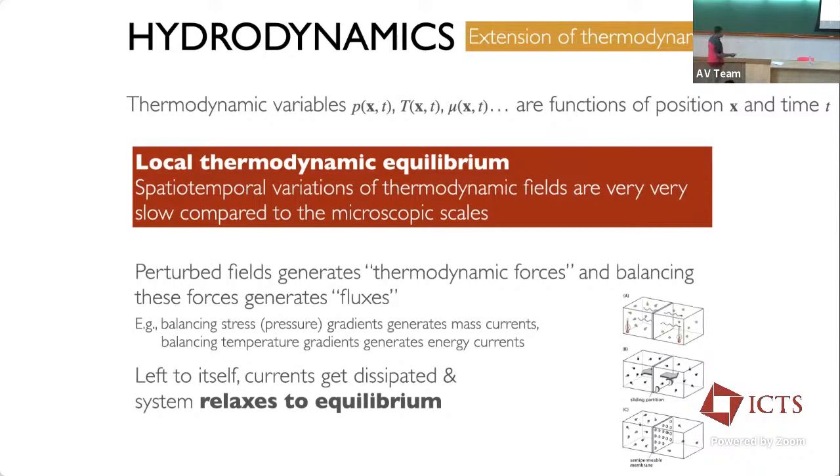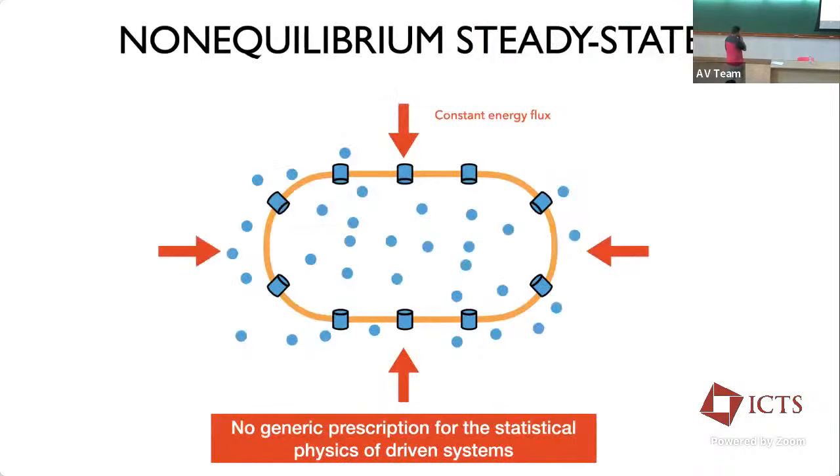These perturbed fields will generate thermodynamic forces, and the forces are such that the fluxes that result from them will tend to equilibrate the system. A classical example that we all study: a temperature difference, there's a current which will try to equalize the temperature; a pressure difference; a chemical potential difference. Left to itself, the system will of course reach equilibrium after a long period of time.